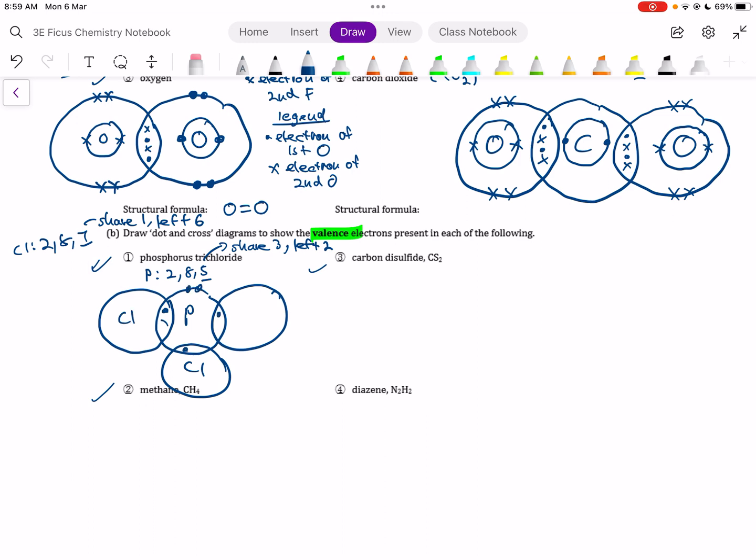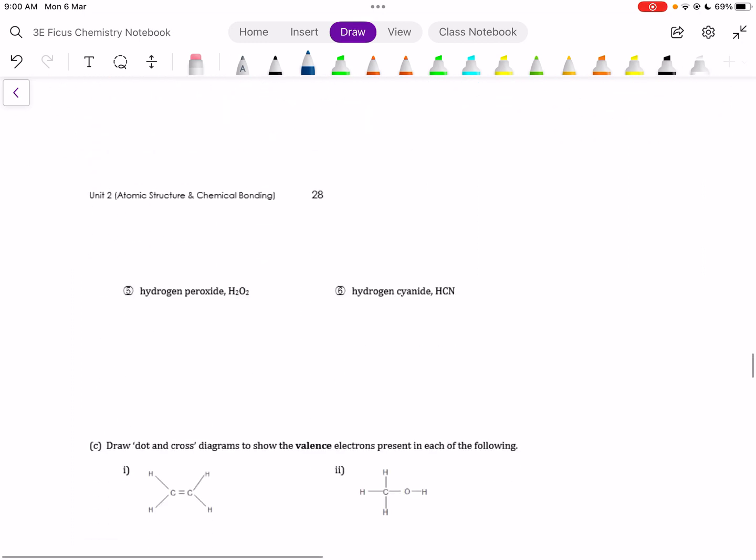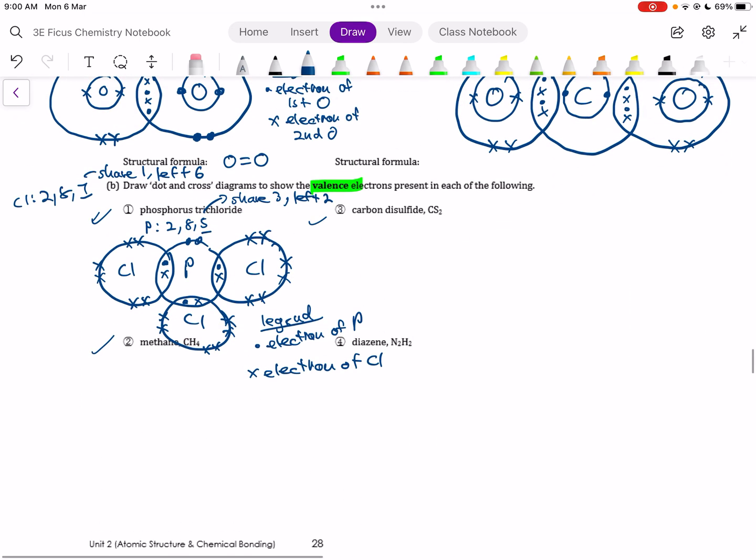And chlorine down here. Then just remember to put in the legend at the very end. Cross is electrons of Cl.